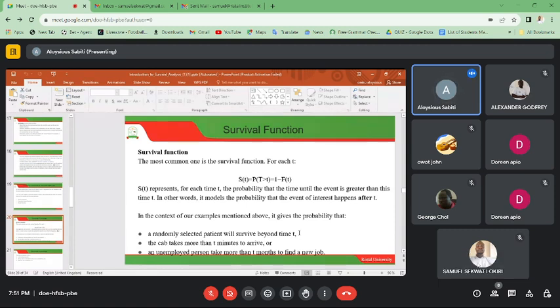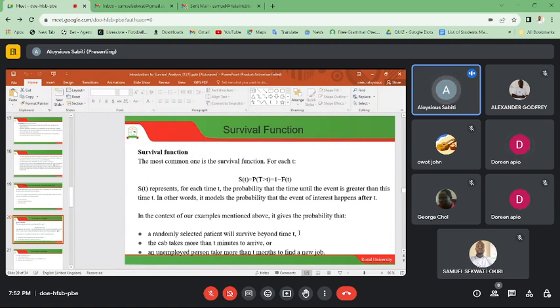One, the most common one is the survival function for each t, meaning for each time, where we say S of t is the probability that the time until the event is greater than this time t. In other words, it models the probability that the event of interest happens after t.